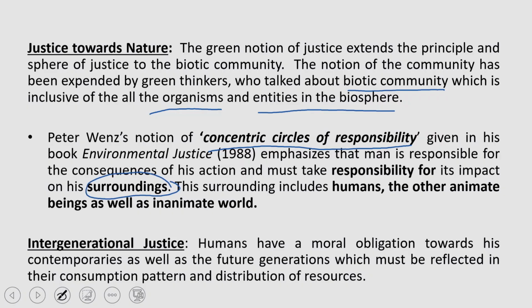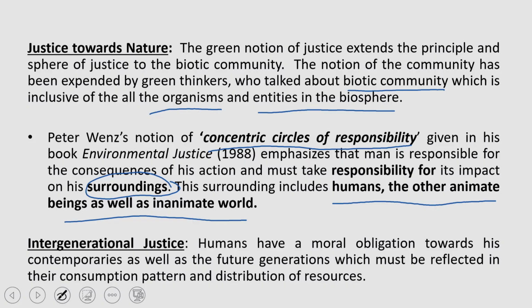Whatever action we perform, we are responsible for not only its impact on other human beings, but also on the whole surrounding. And this surrounding includes humans, other animate beings, as well as the inanimate world. So this is justice towards nature.